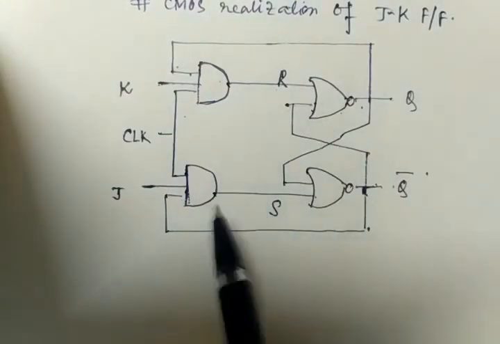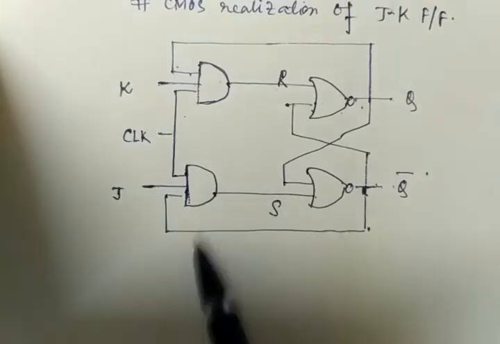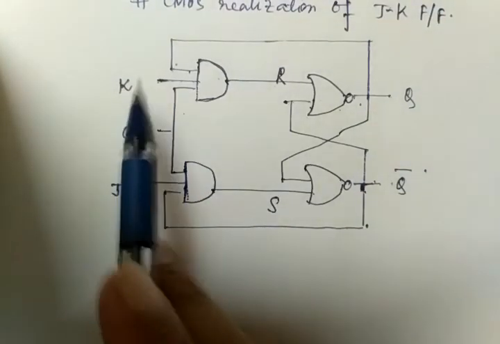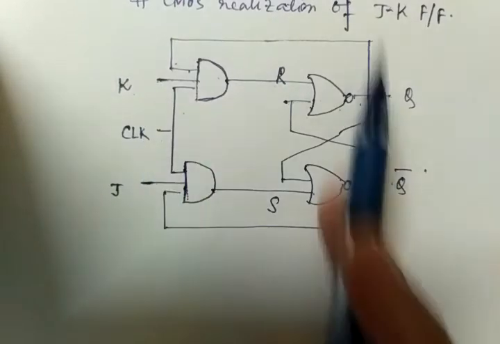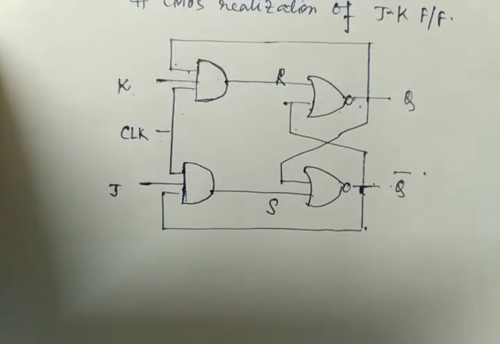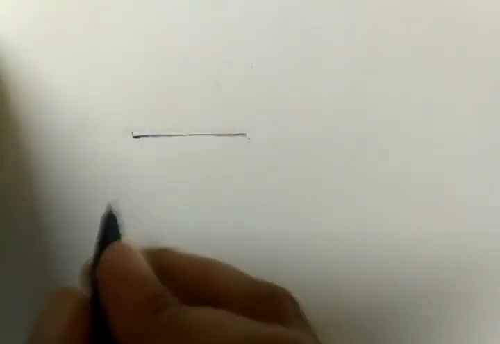For this section, it is J, clock and Q bar, but from this section Q is coming out. So first of all, I will design for K. This will be K, clock and Q, and from the other section the Q bar is coming. Okay, fine. So this is the pull down network.